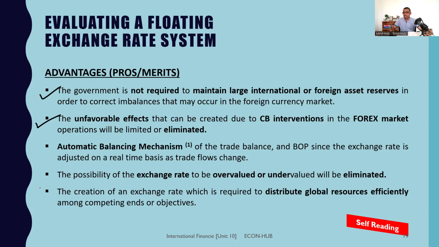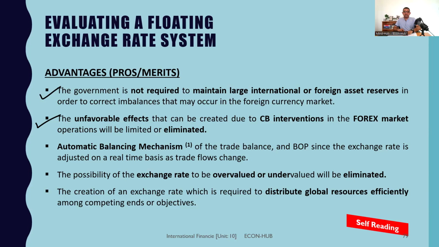Thirdly, the automatic balancing mechanism. That's a very interesting thing in a floating or flexible exchange rate system. I've given a note on that at the bottom of page 26. Let's read the last line within inverted commas: when the exchange rate is at equilibrium, the BOP also represents equilibrium or balance.